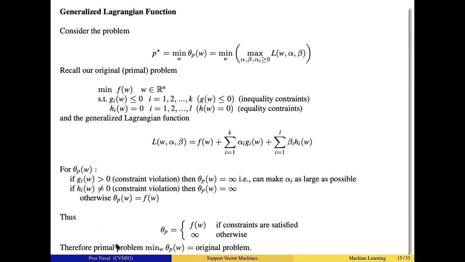Therefore, the primal problem, minimum of theta p, is the original problem. So we have actually restated the problem into now a primal problem, which is minimize theta p, and this is the same as our original primal problem, which is this.